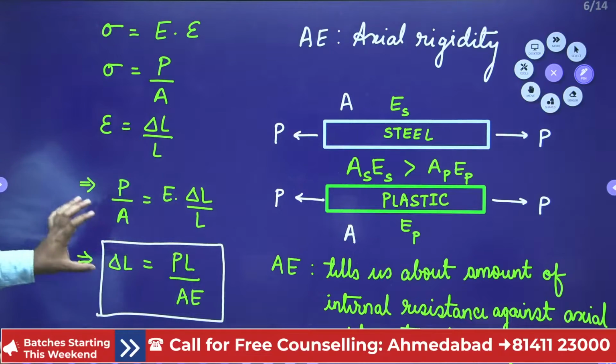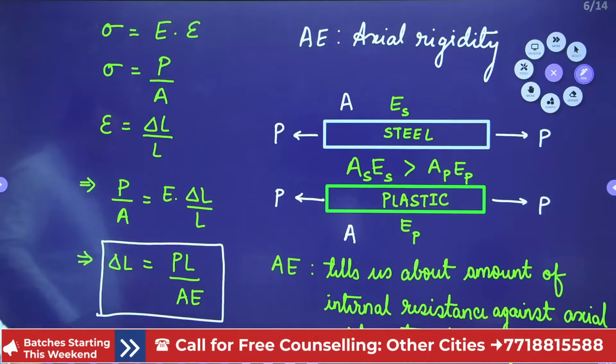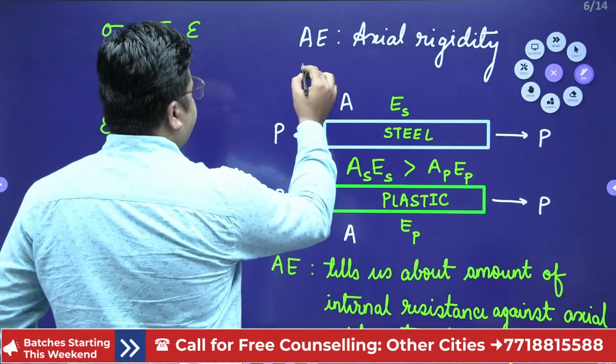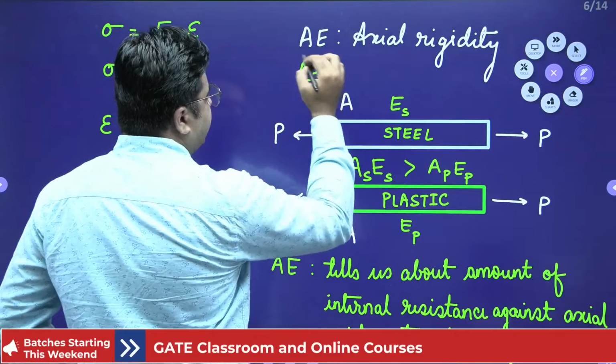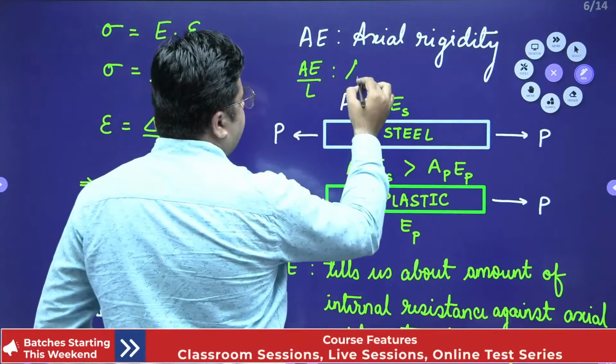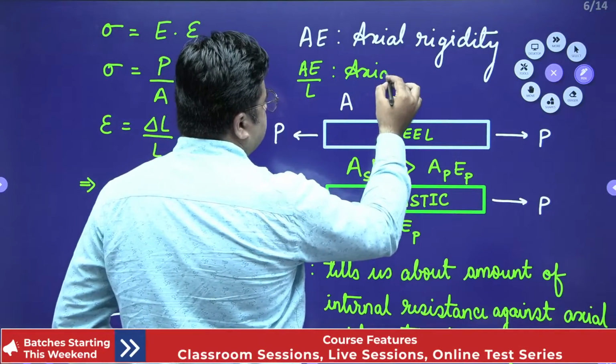Again, for this expression, there is one term which is known as AE by L, and this AE by L is known as axial stiffness.